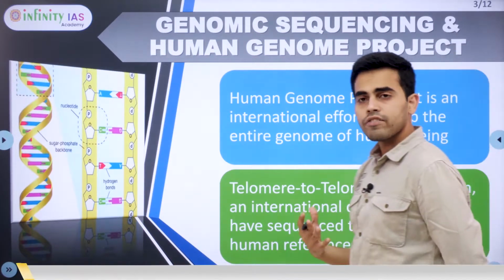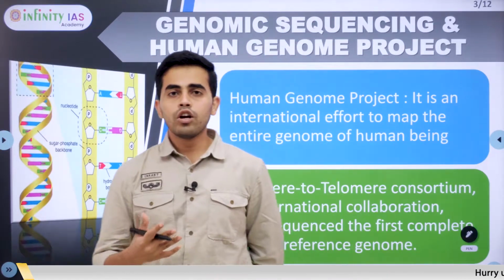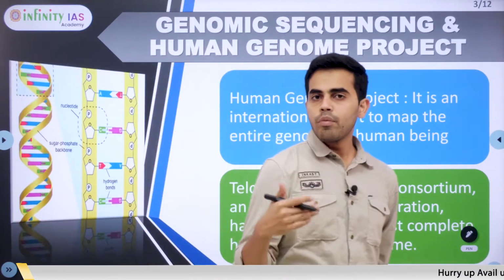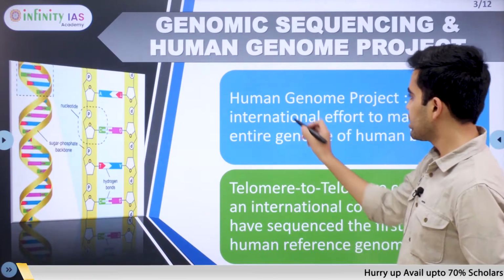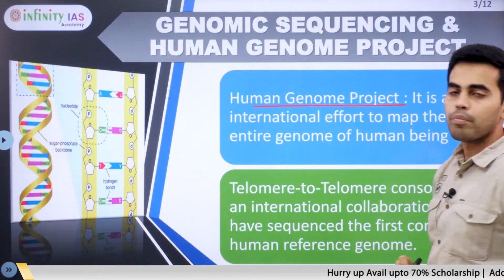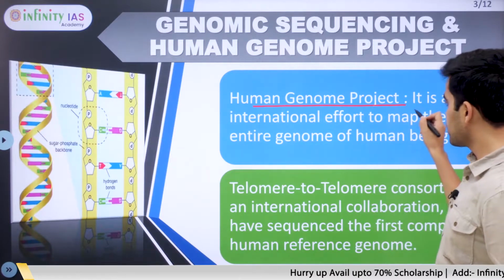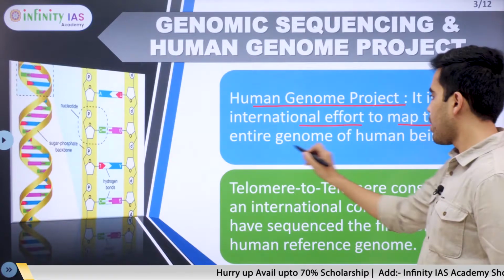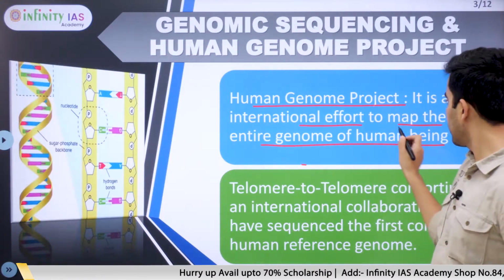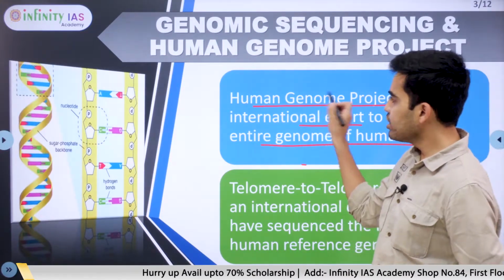There are a lot of projects that have been done to sequence the genome in a human chromosome or in a human cell. We will start with the Human Genome Project. This is an international effort that has been made to map the entire genome of human beings.